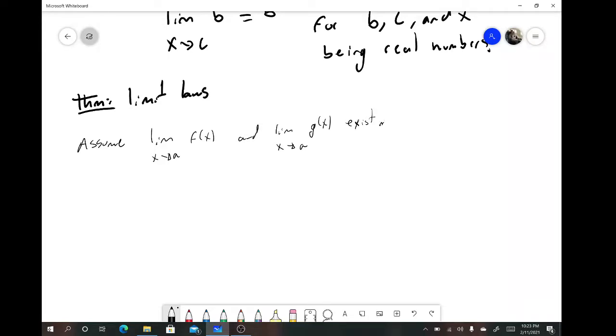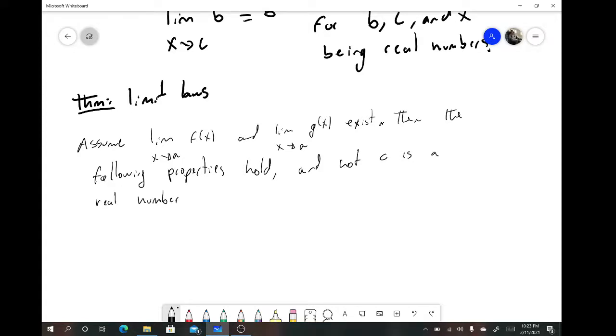Then the following properties hold. And note, c is a real number, and n is going to be a positive integer bigger than 0.